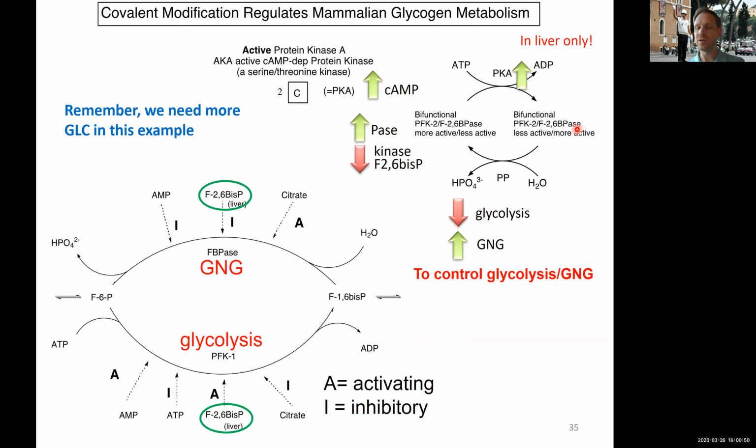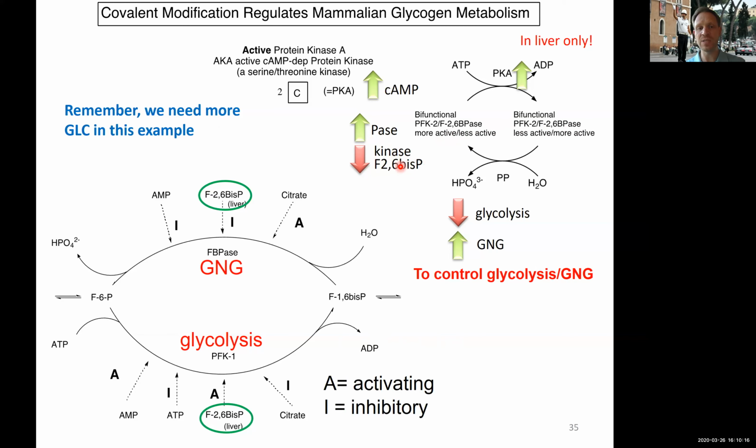Okay. So again, right, it's a two-domain enzyme. It has a kinase and a phosphatase domain. Through this phosphorylation, we can interchange the activities of both domains. What is being increased here is a phosphatase domain. If you increase the phosphatase domain, you are decreasing the abundance of our allosteric regulator, right?